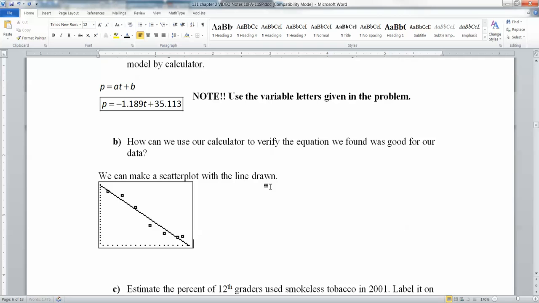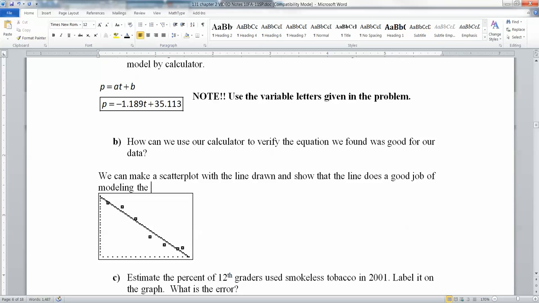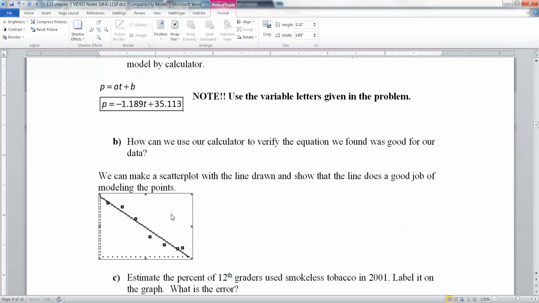I, of course, have this program, so I'm able to just copy and paste it in. So we can make a scatter plot with the line drawn and show that the line does a good job of, it's not really going through the points, but modeling the points. Cool.